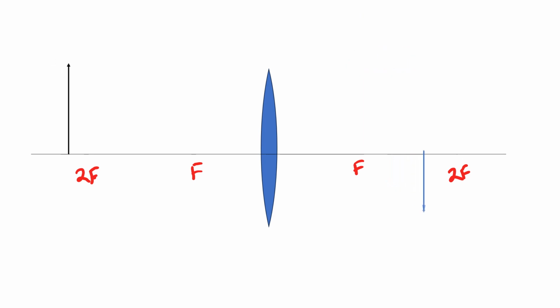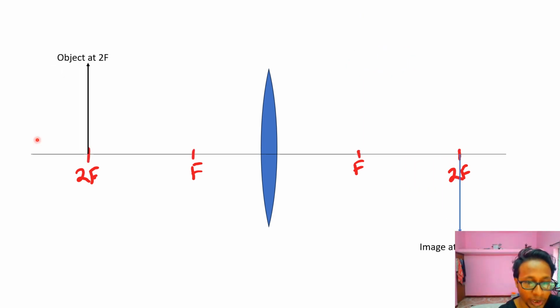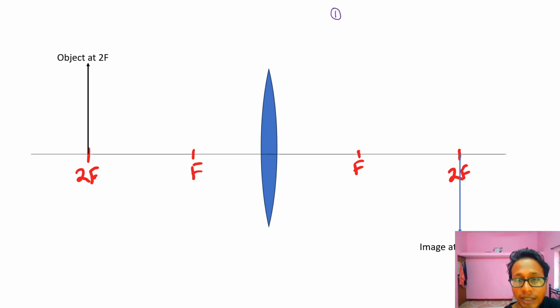Now see what happens when the object moves from behind 2f to exactly 2f. The image also gets formed exactly at 2f on the other side. So the nature of the image is real, inverted, and the same size.